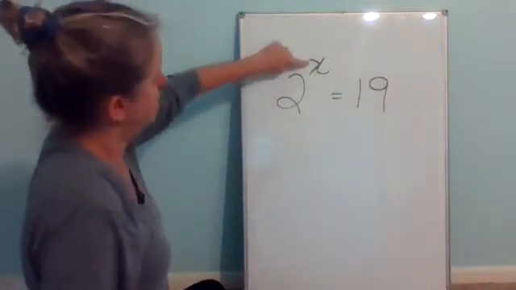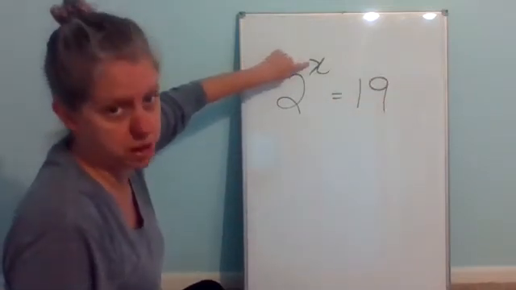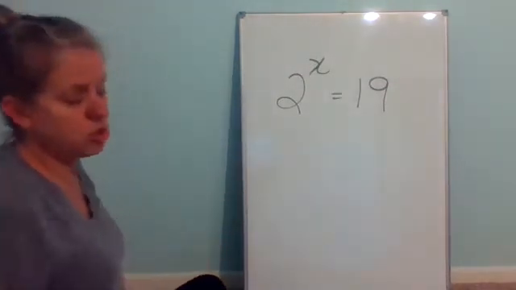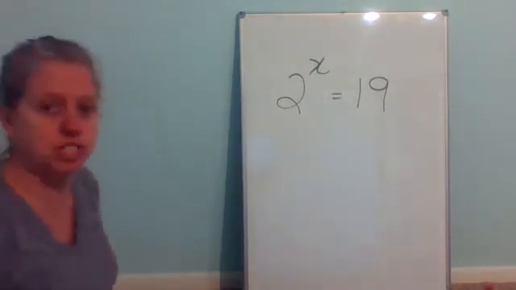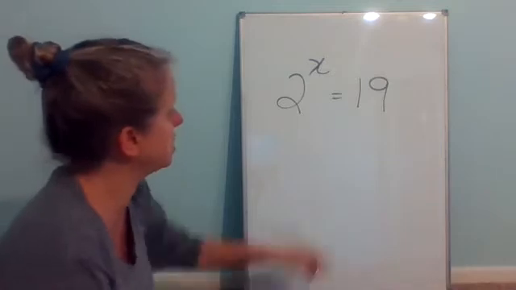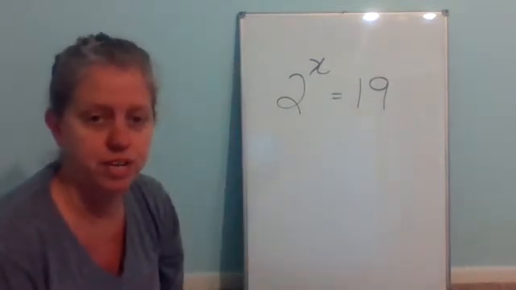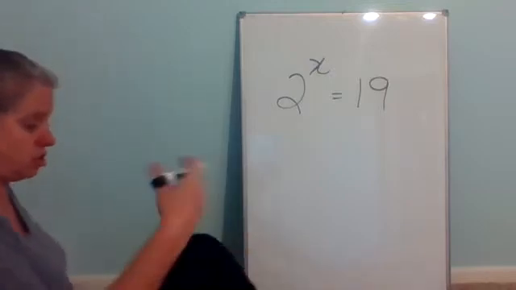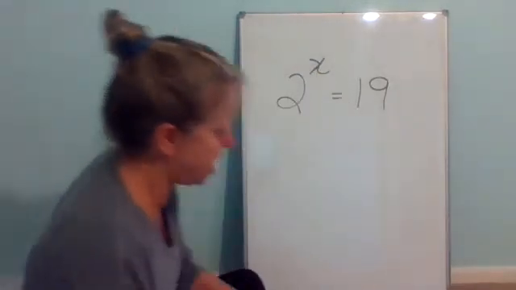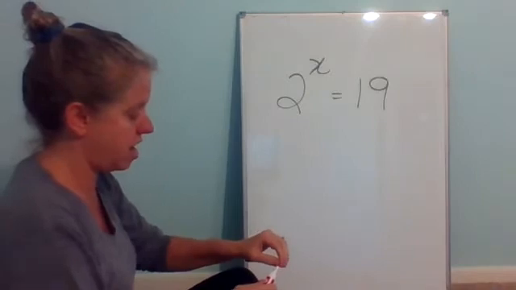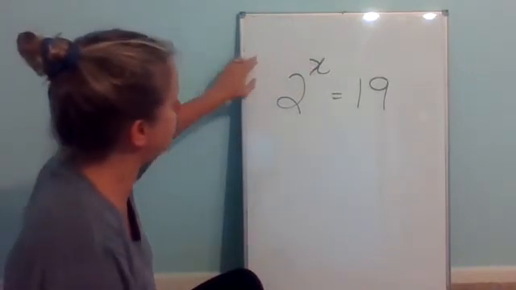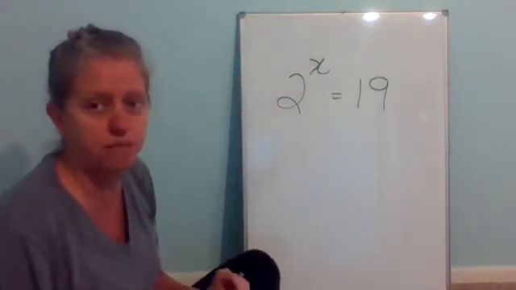So again, the x that I'm solving for is in the exponent. I can't use the method that I was using in the first 2 problems because I can't rewrite 19 as a base of 2. So now I've got to use that method that says I can bring my x out of the exponent as long as I put it in front of the log.